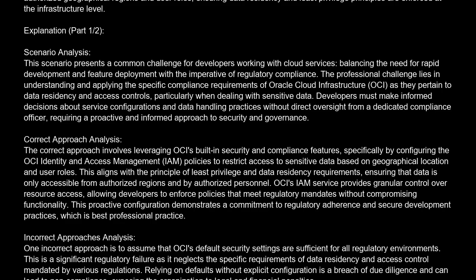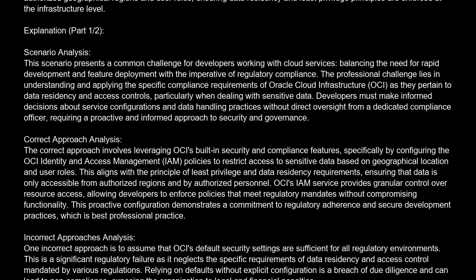OCI's IAM service provides granular control over resource access, allowing developers to enforce policies that meet regulatory mandates without compromising functionality. This proactive configuration demonstrates a commitment to regulatory adherence and secure development practices, which is best professional practice.